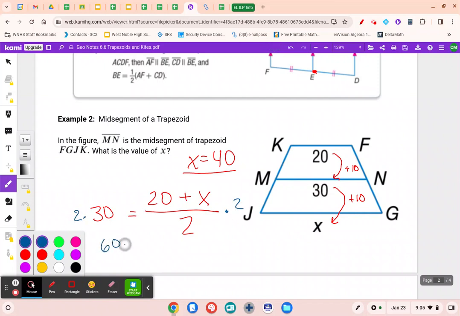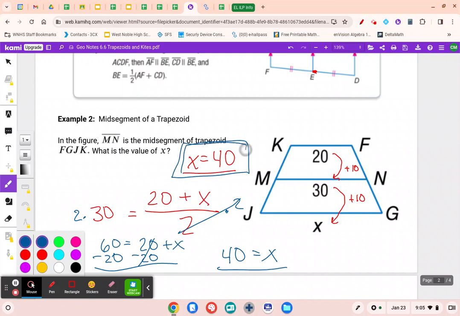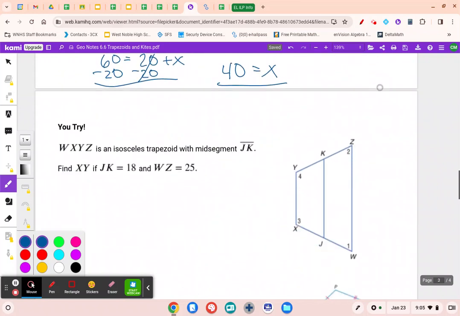This gives me 60 equals 20 plus x, which means x is equal to 40, which we already solved for by just thinking. Okay? So keep that in mind, that there's multiple ways to solve. When you try this, you try.